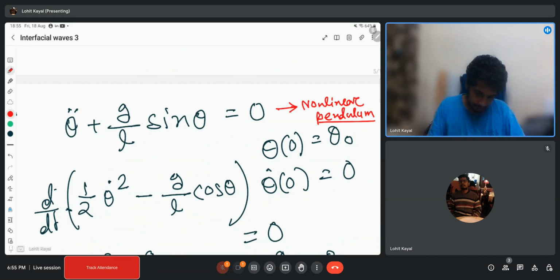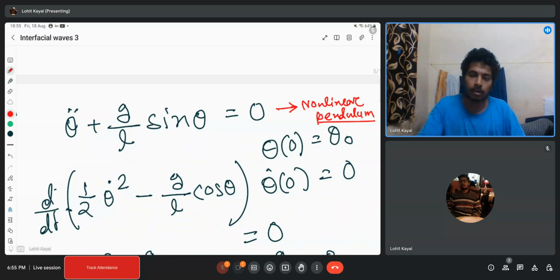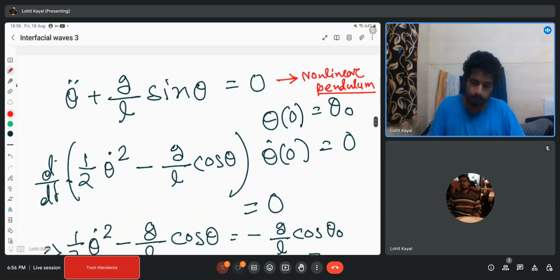So in our plus two course, we always try to solve the problem taking the assumption that theta is small. When theta is small, then sine theta is equivalent to theta, and you can very easily solve that problem.